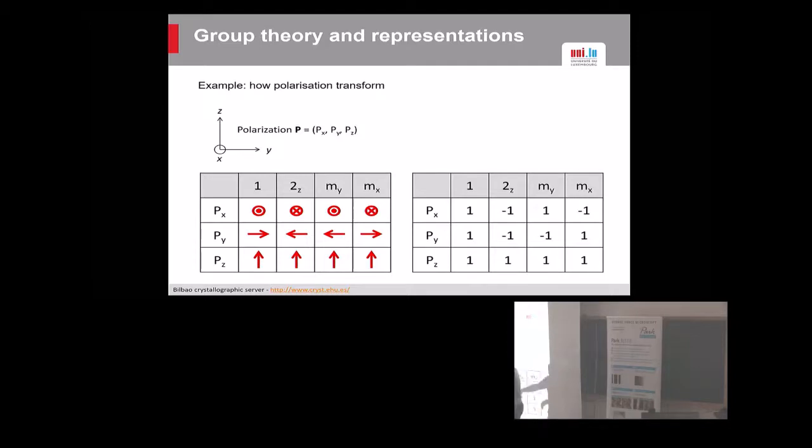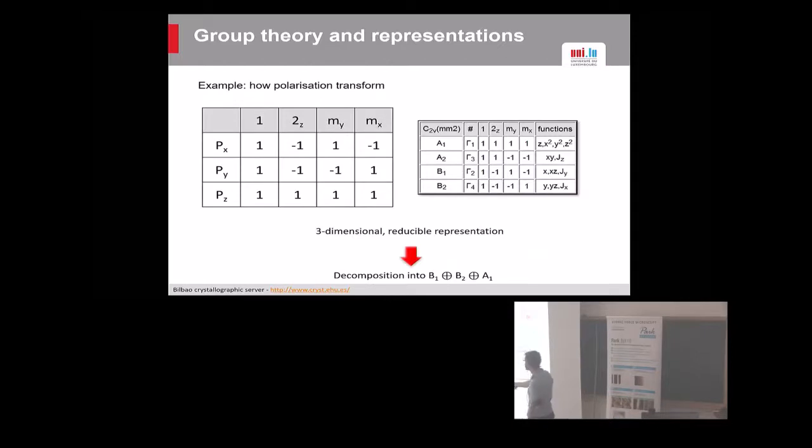So it's quite easy to figure out how you transform each of the individual components. And instead of these pictures, you can very easily transform them into numbers, depending on whether they are the same or they are flipped. Okay. And then the only thing that you have to do in this very simple case is just to compare this to the character table that you have. You have a direct identification to the irreps.